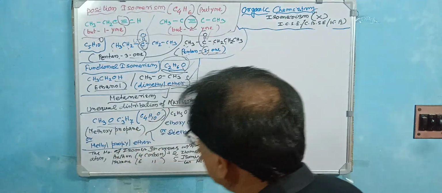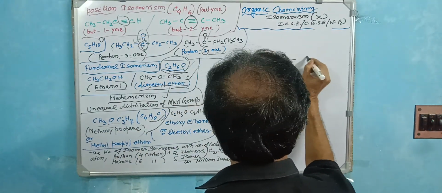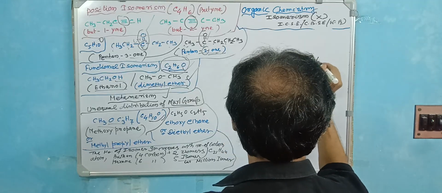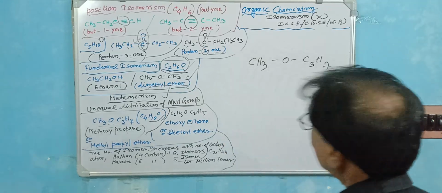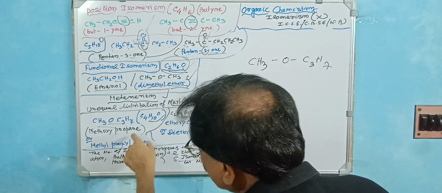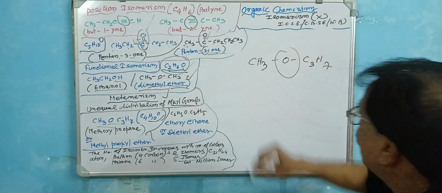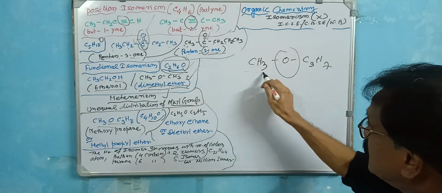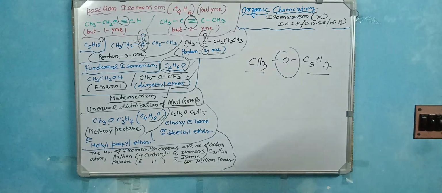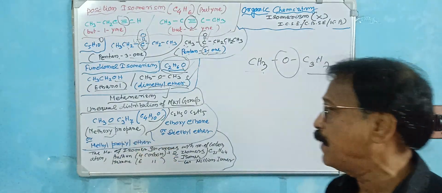If you write CH3, O, C3H7, what is this? This is methoxypropane. The oxy group is the ether group. Methoxy means the methyl group, and this is the propane group. So this is methoxypropane.